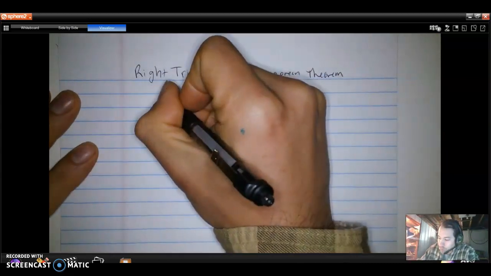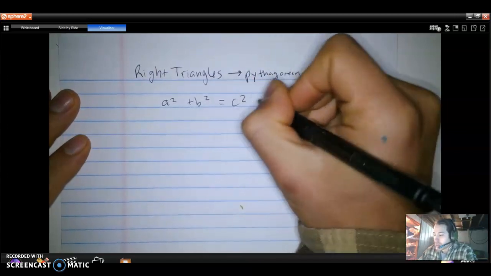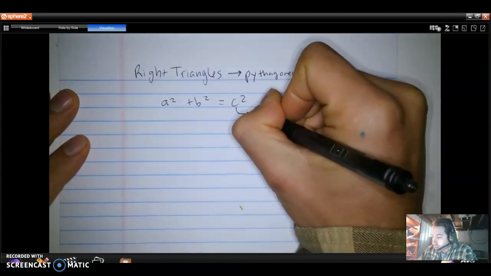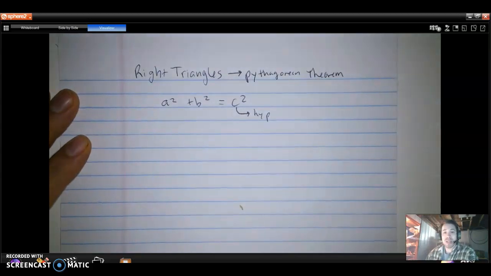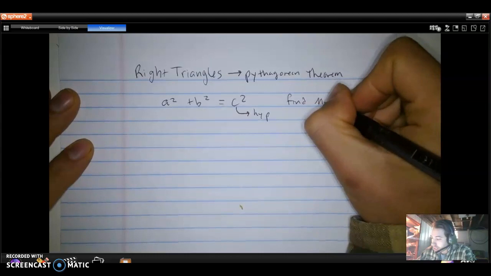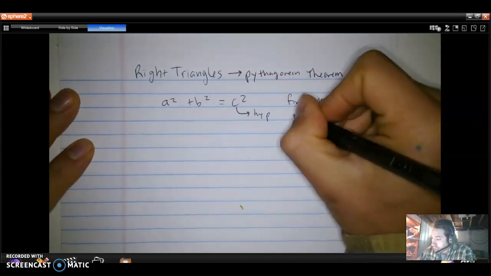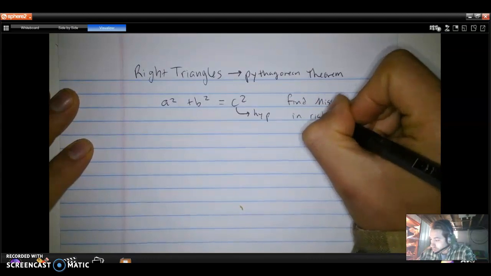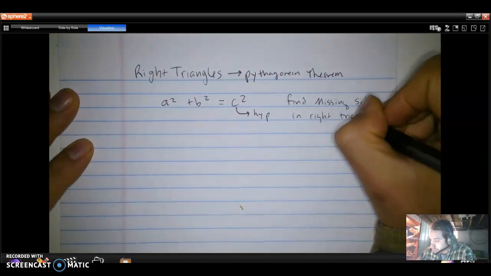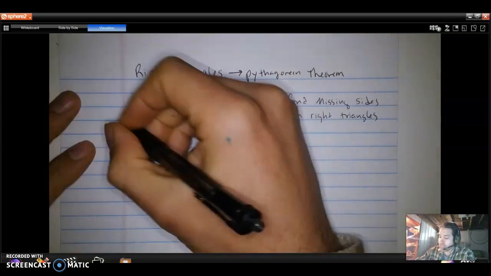For those of you who don't remember, that's a squared plus b squared equals c squared, where c must be the hypotenuse. Remember, we use this to find missing sides in right triangles. So let's look at an example of this.